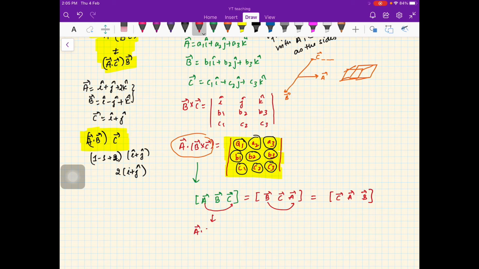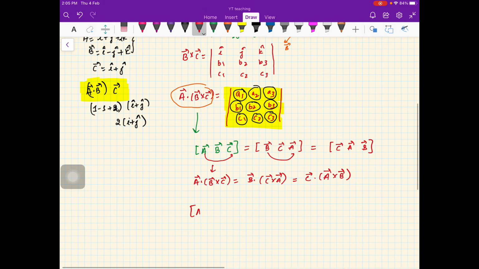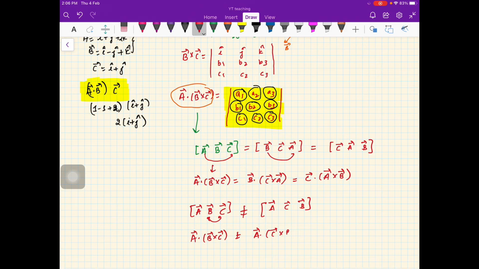It means that A dot B cross C is the same as B dot C cross A. You can just do the calculations to prove it, and this is the same as C dot A cross B, right? But if you randomly change, for example, if you have A, B, C, and I just swap these two things, so you have A, C, B, these are not equal. So I'm saying that A dot B cross C is not equal to A dot C cross B.